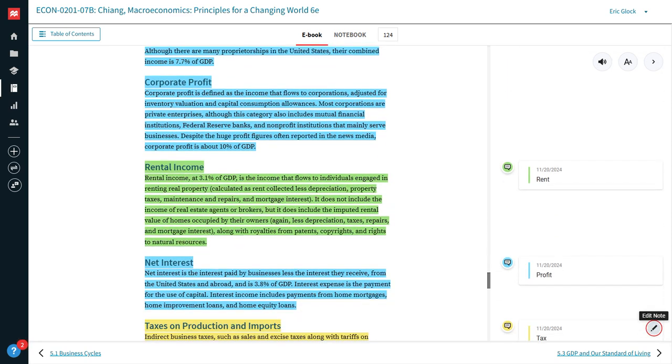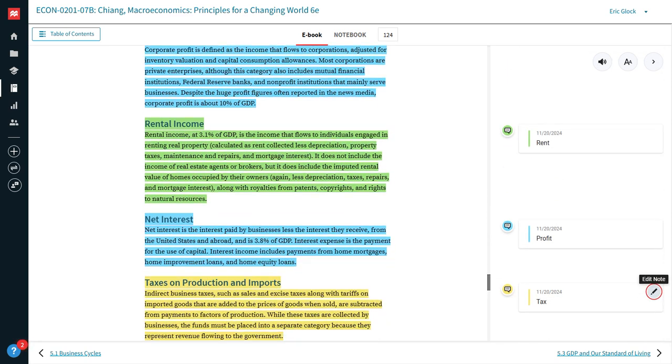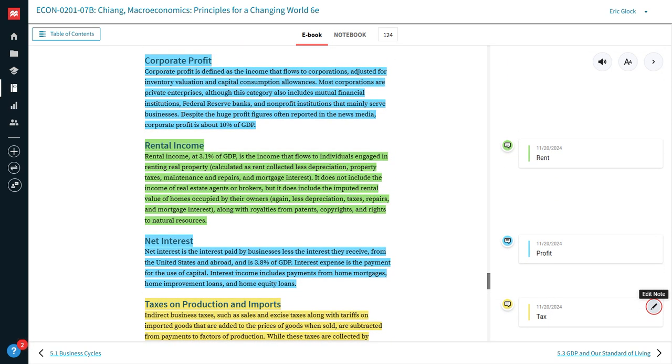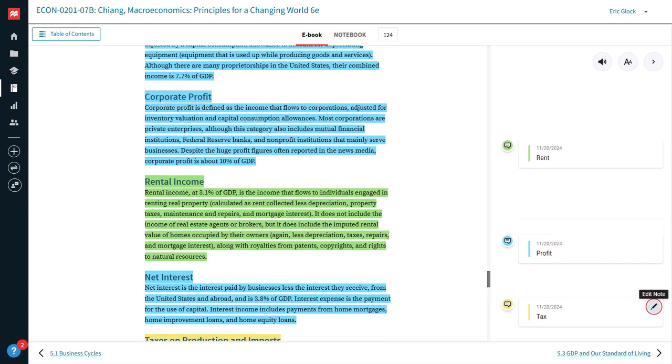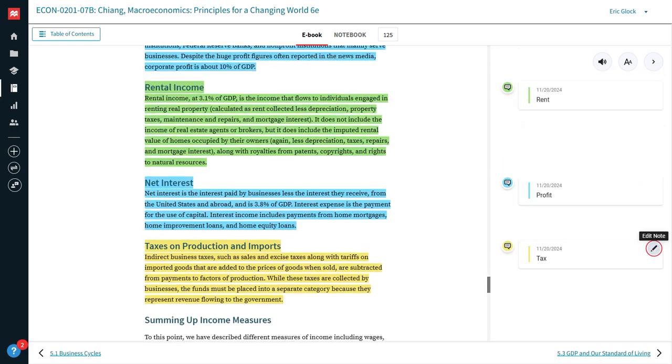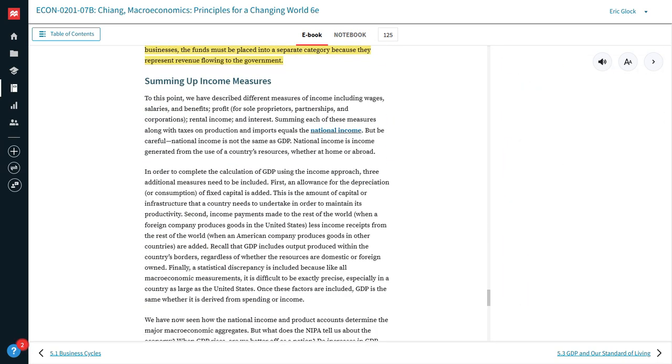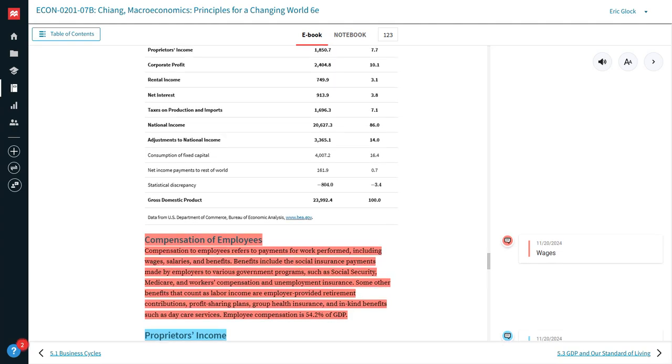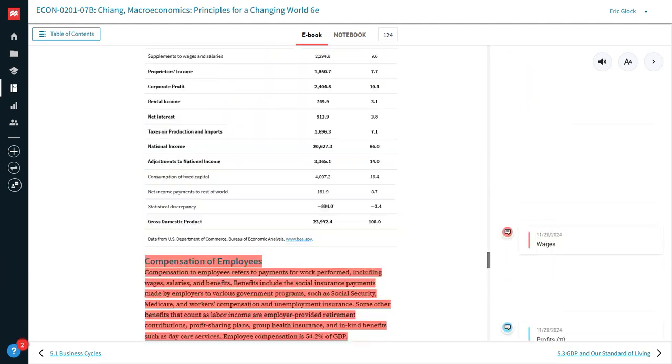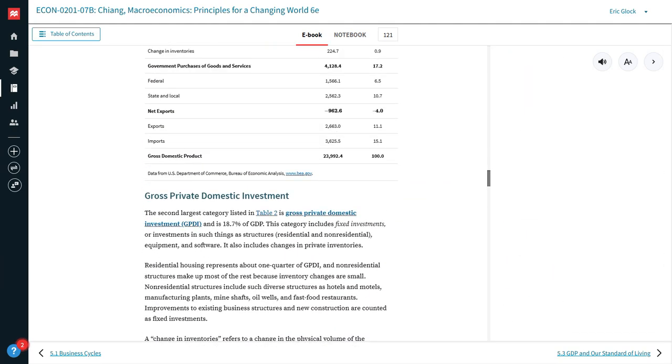Wages, profits, or profit, rent, and tax. Okay, good. Summing up income. Okay, so now we're actually done talking about income here.